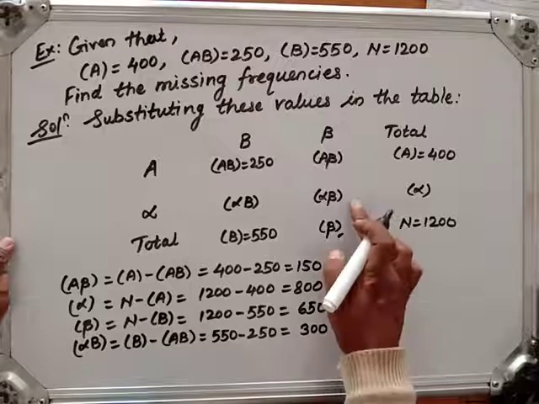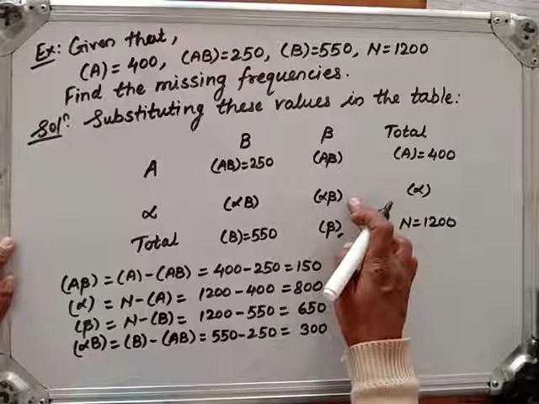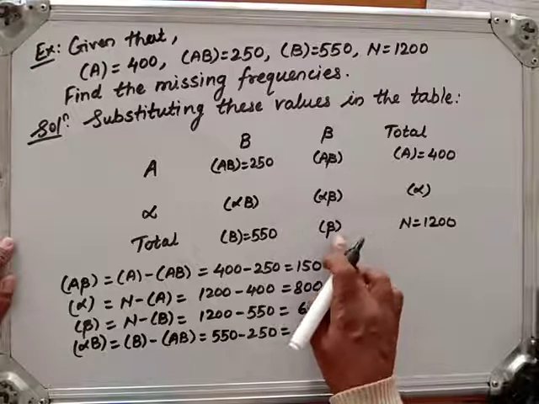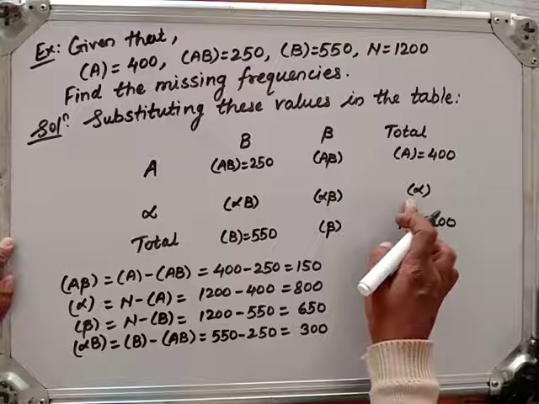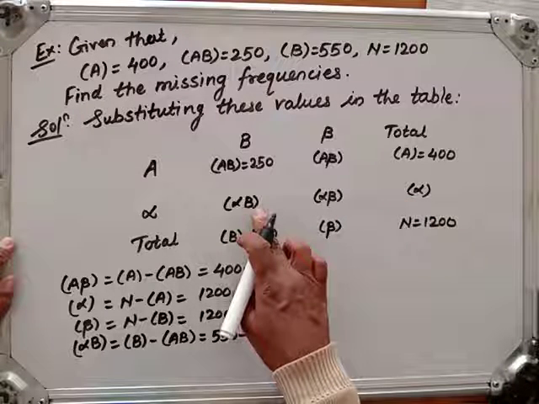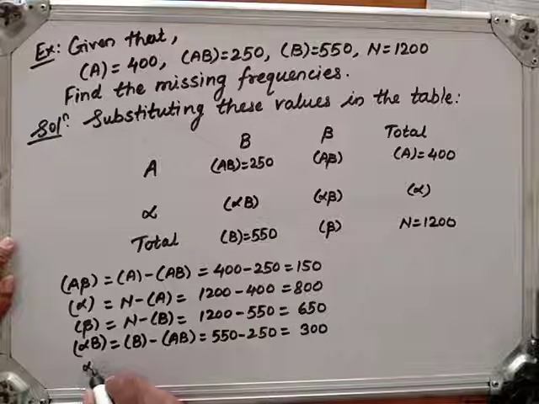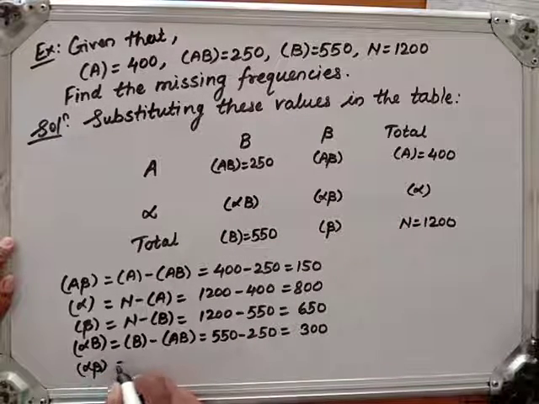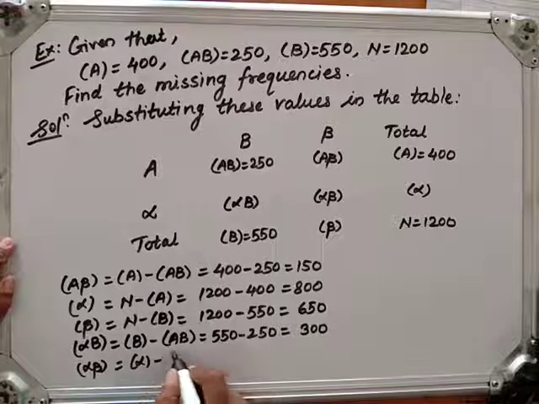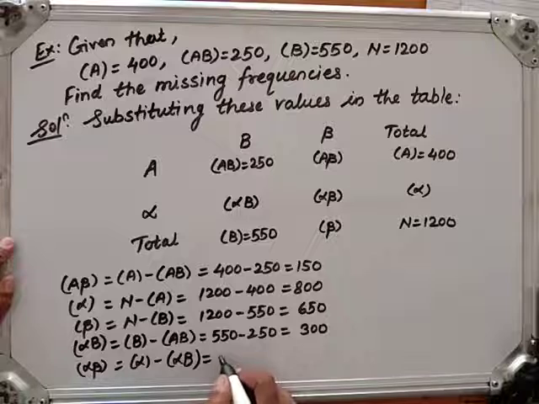Now the question is left for alpha beta only. So alpha beta is what? It will be alpha minus alpha B. Fine. So alpha beta will be alpha minus alpha B. Alpha is how much?